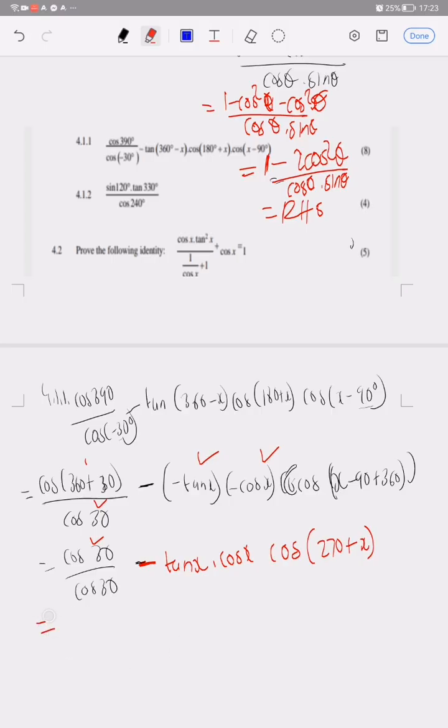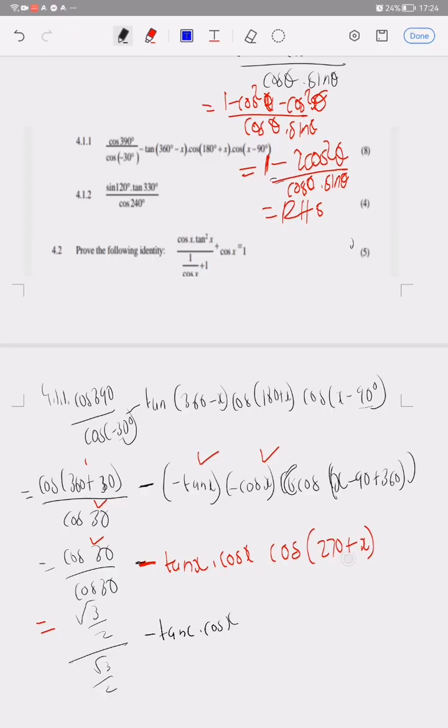Then we simplify. You put this in your calculator, using the special angle, root 3 over 2 over root 3 over 2. Don't just cancel. So you'll get negative tan x cos x.